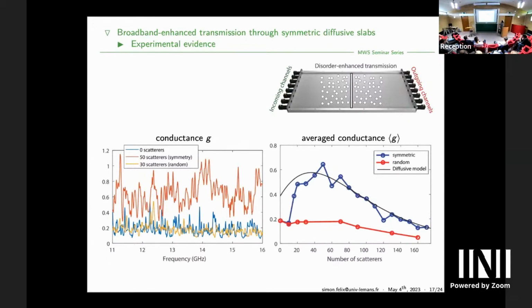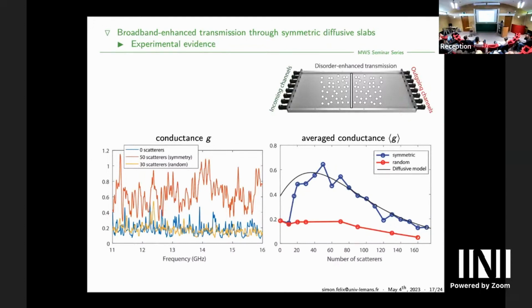And this curve has to be compared with the one I showed with many colors. Here we play with the number of scatterers, which is equivalent to playing with the length of the slab. So the larger the number, the larger the length. We compare the non-symmetric situation, where the conductance decreases with the size of the slab, and the symmetric situation, where we have this local maximum, so this optimal enhancement of the conductance.